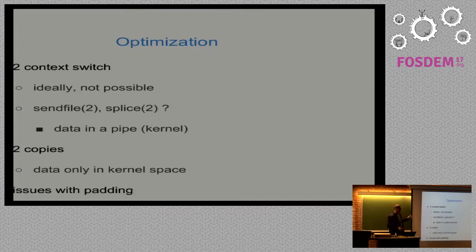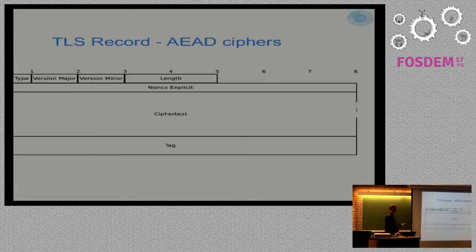On the one hand, we didn't save 2 context switches, but on the other hand, we saved 2 copies. So we are no longer required to copy data from user space to kernel space, and vice versa, just to do decryption. When I was implementing AF_KTLS, there were issues with padding, for example, that also affect the optimization.